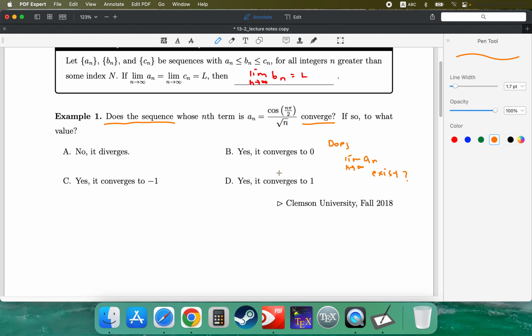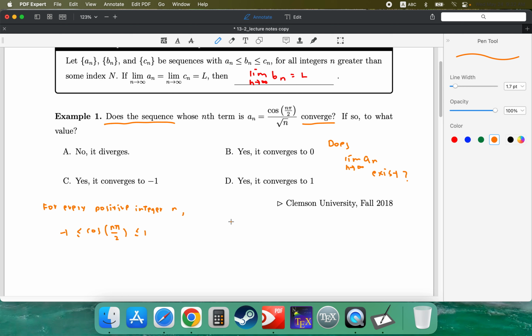Notice that right here, no matter what n you choose, for every positive integer n, your cosine of n pi over 2 is always between -1 and 1.